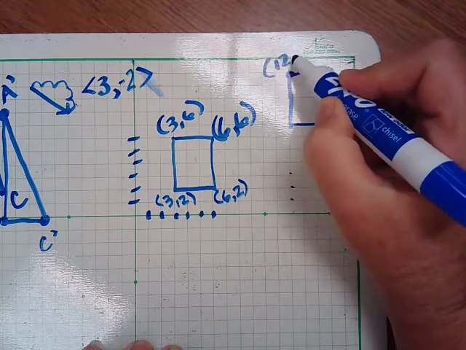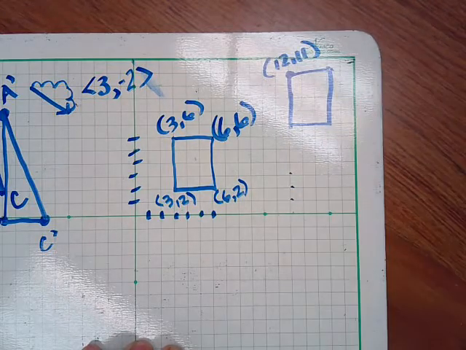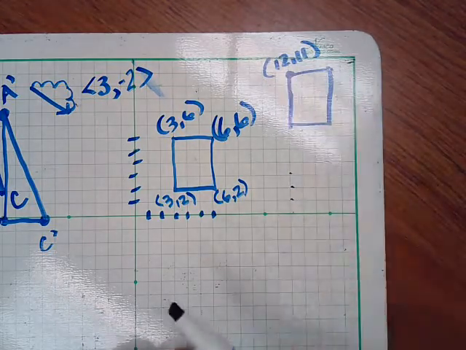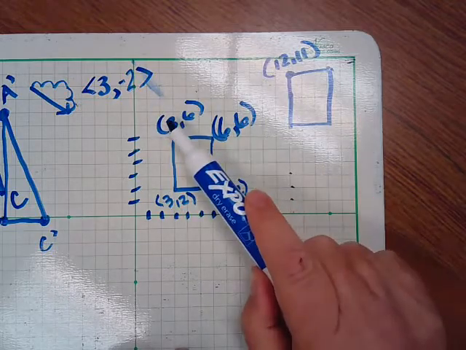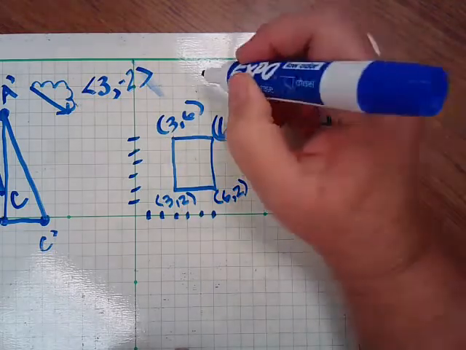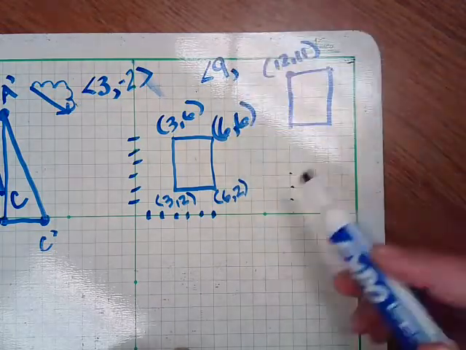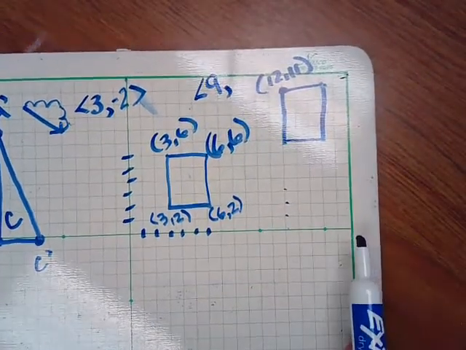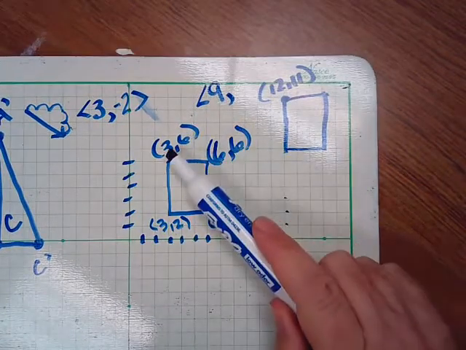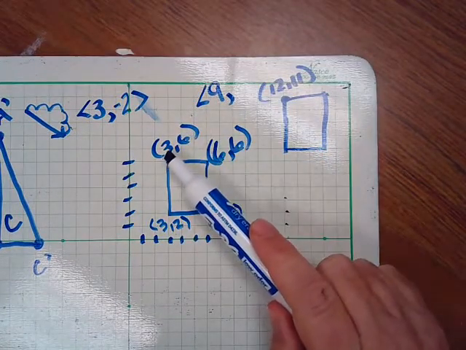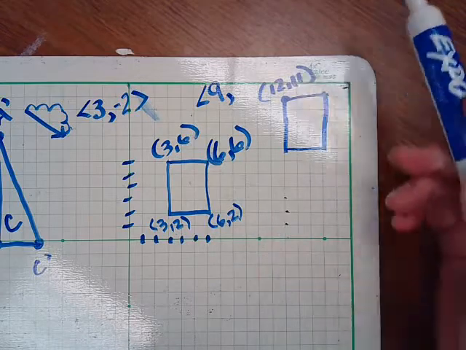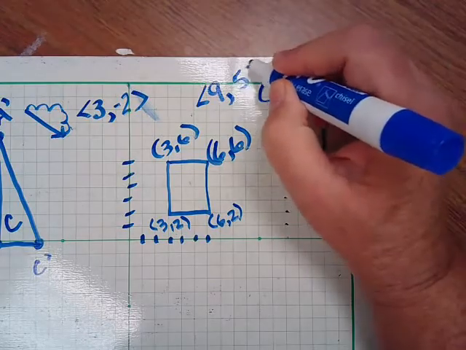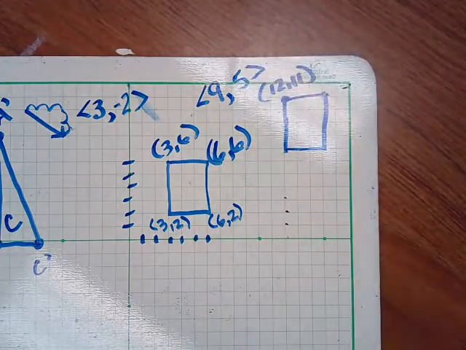This is at 12, 11. And I'm asked to find out what all these other ones are. Well, I can say, okay, what happened? From 3 to 12 was a plus 9. Notice I put that square bracket because I'm talking about a vector. Okay, and so I went over to the right 9, and then from 6 to 11, I went up 5. So that's what I'm going to do to every one.